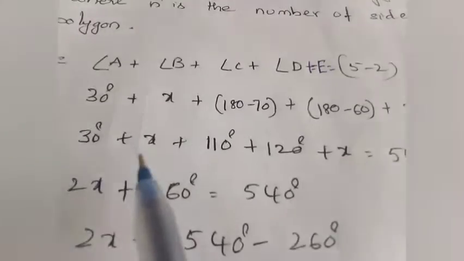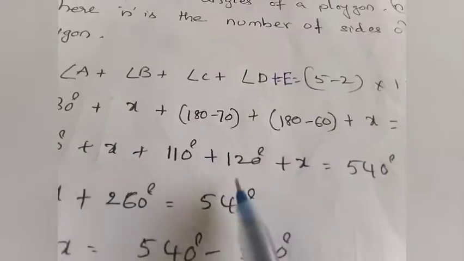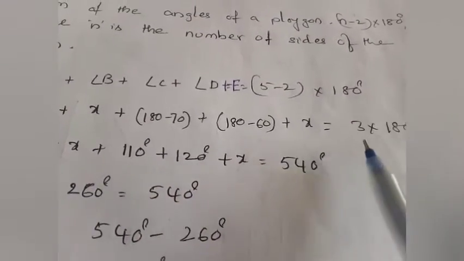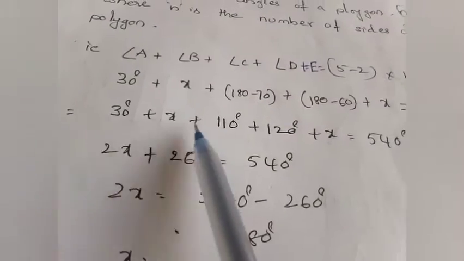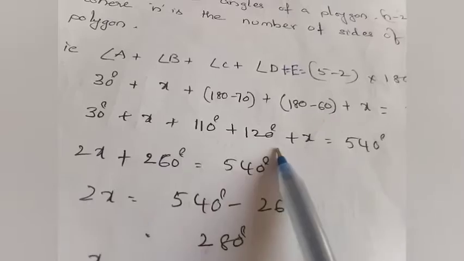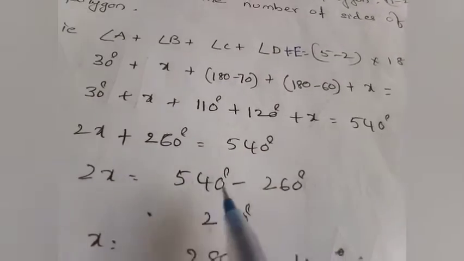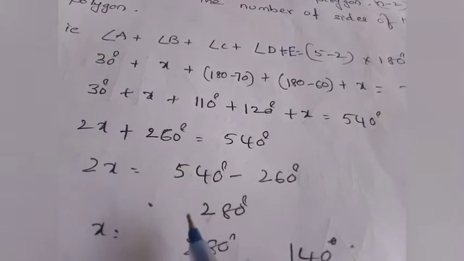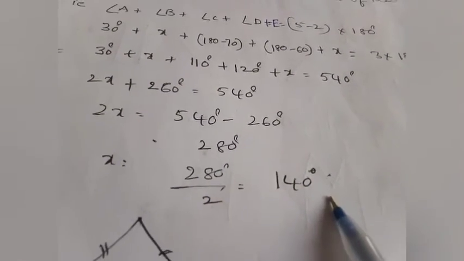So 30 plus x plus 110 plus 120 plus x is equal to 540. 3 times 180 is 540. So x plus x, 2x, plus 30 plus 110 plus 120, that is 260, is equal to 540. 2x is equal to 540 minus 260, that is 280. x is equal to 280 by 2, that is 140 degrees.